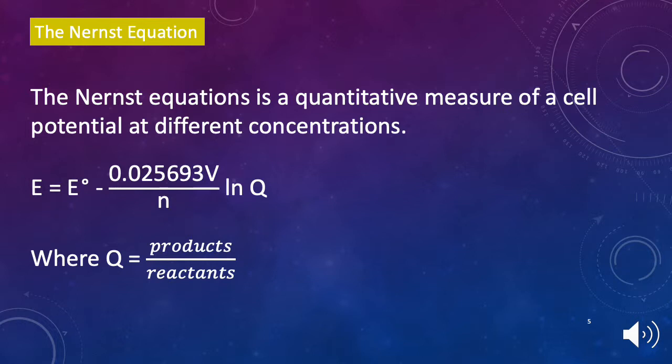The non-standard cell potential is equal to the standard potential minus a constant divided by the moles of electrons being transferred times the natural log of the reaction quotient. Remember that Q is simply the concentration of the products raised to their coefficients in the balanced equation, divided by the reactants raised to the coefficients in the balanced equation.